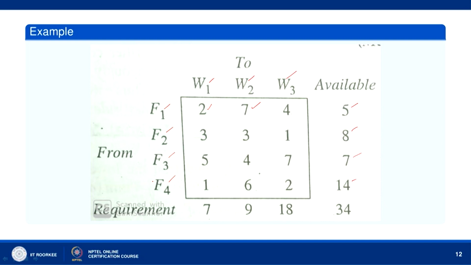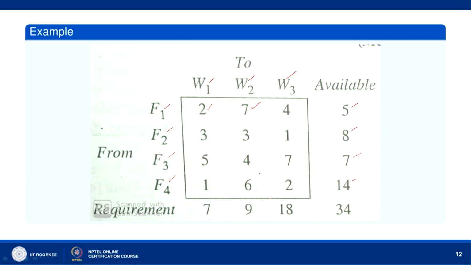Now, what are the requirements of the 3 destinations W1, W2, W3? The destinations mean warehouses. At warehouse W1 the requirement is 7 units of the product, at warehouse W2 9 units are required, and at warehouse W3 18 units are required.